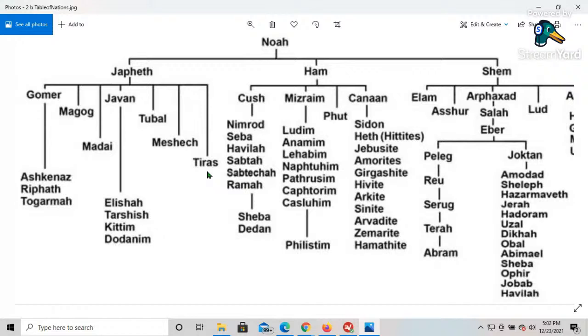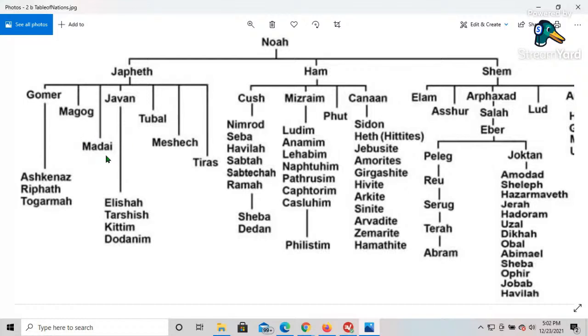Tiraz of the Thracians, known civilizations, Thracians, Greek Javans, Tubal in Italy, Meshech all the way up in the Arctic or Siberia, went all the way north and still there to this day. Magog went north and east. The largest haplogroup in the world is Magog, and it includes the Chinese, Korean, and Japanese, and South Asians.